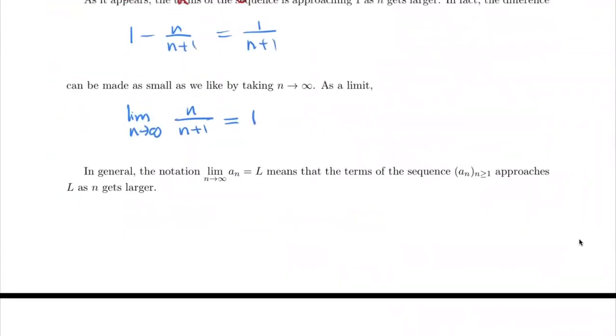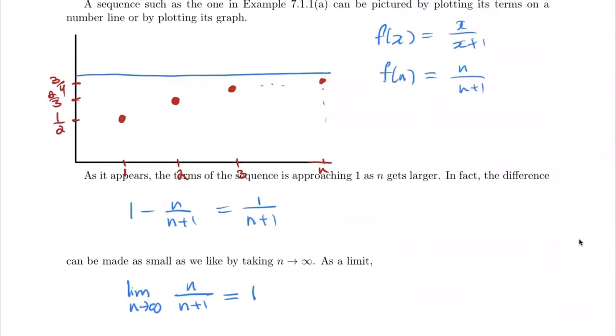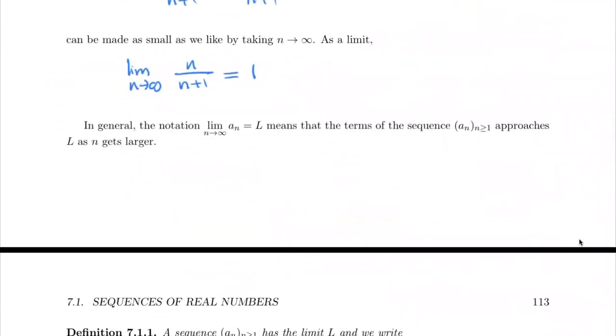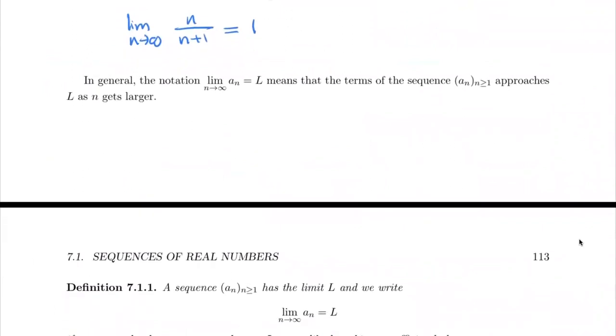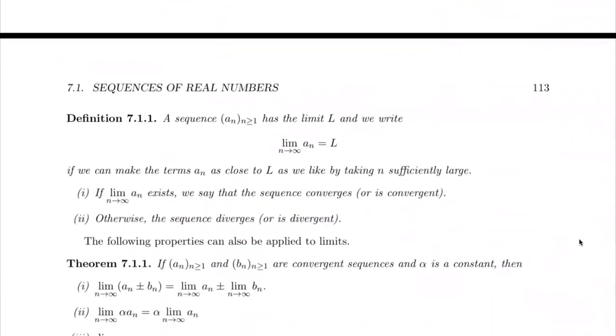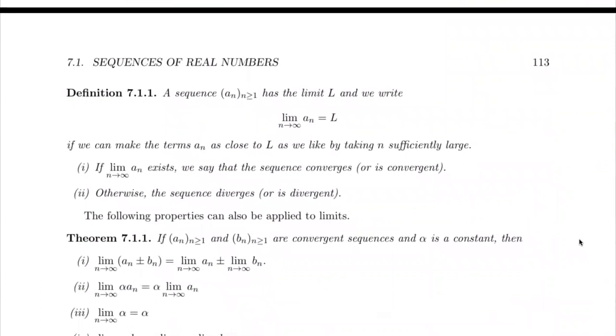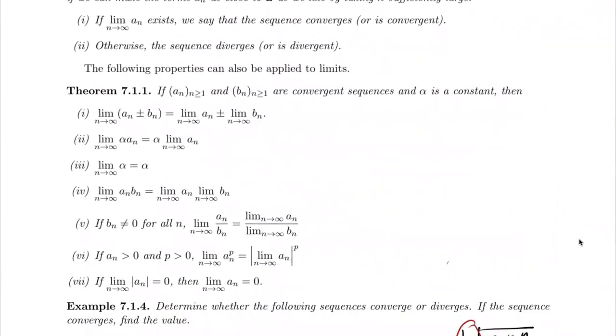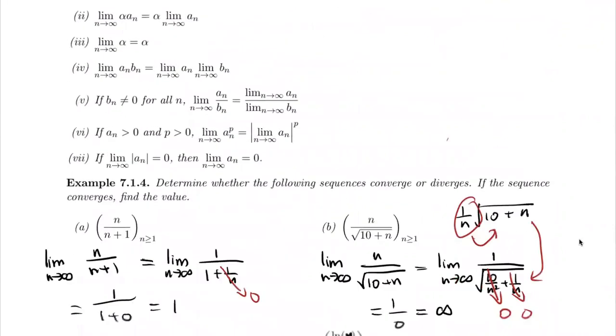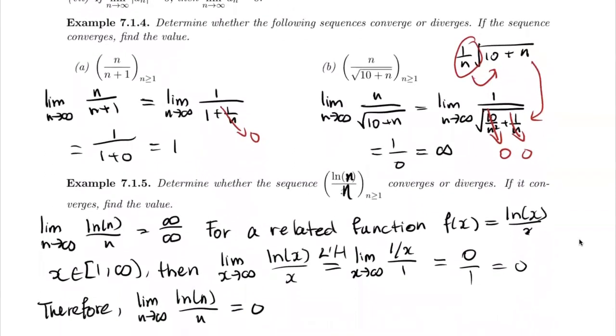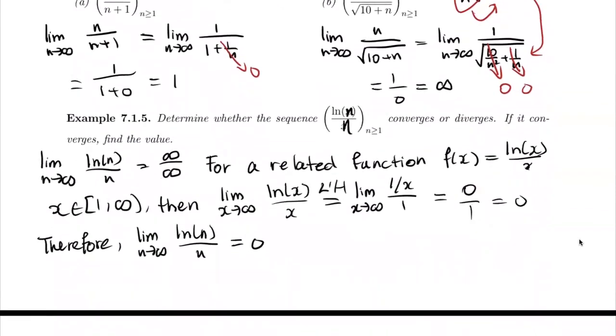We also looked at limits involving sequences, as this will be an important part of this chapter. We also looked at limit properties for sequences, and whether they converge or diverge.